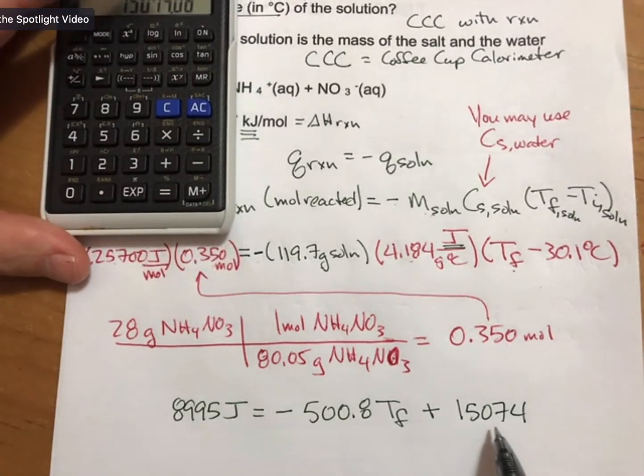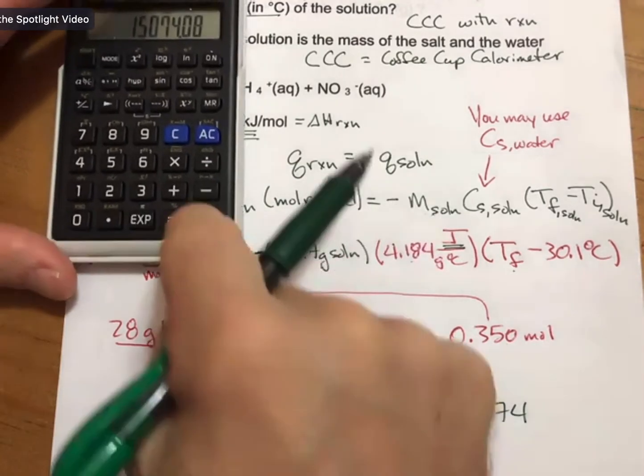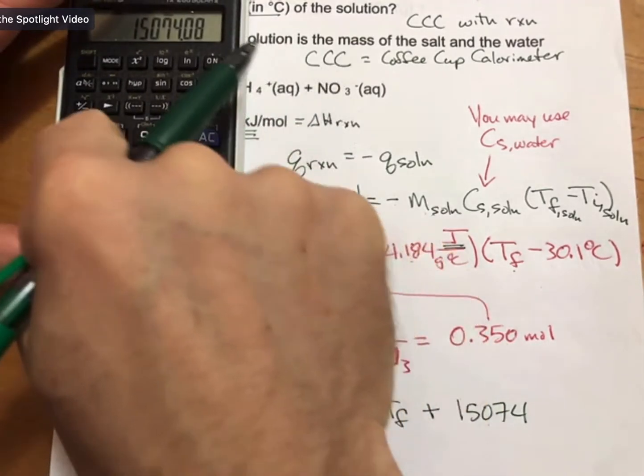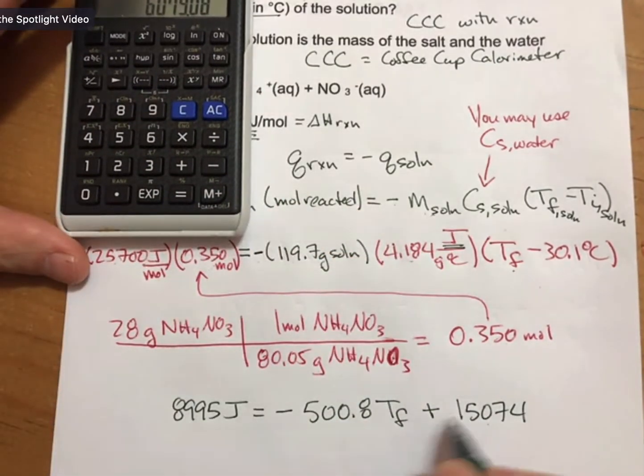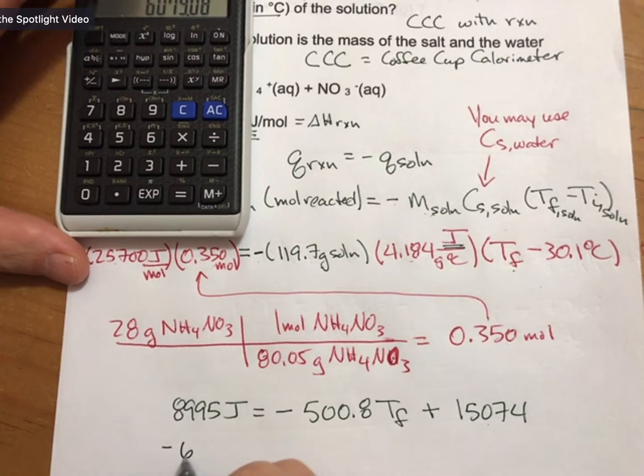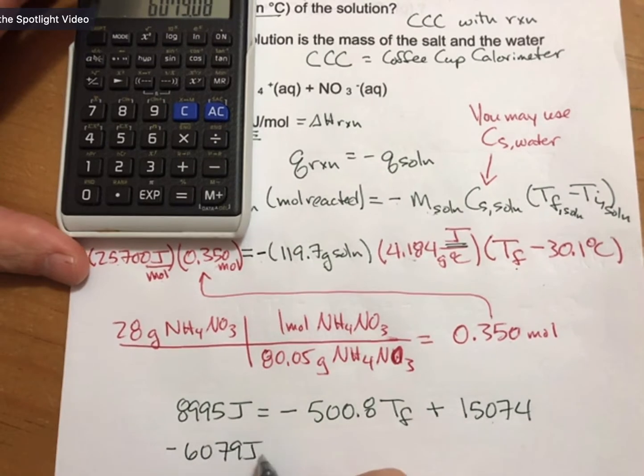And now I have to bring this 15,074 over to the other side. If I do, I'm going to be subtracting that off, so I should get minus 6,079.